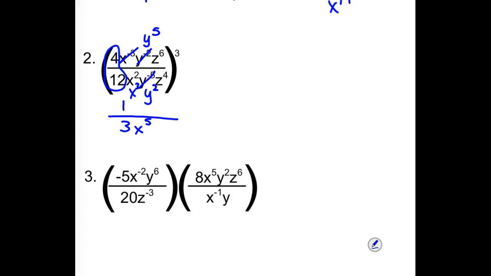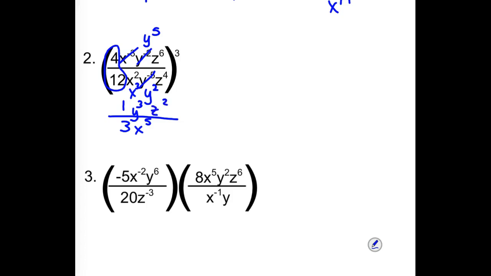So the net result is what? 3 of them where? On the top, okay? All right, and then looking at the z's, we don't have any negatives, so I'm not going to move anything. If I have 6 in the numerator and 4 in the denominator, what do I have left over? 2 of them in the numerator.